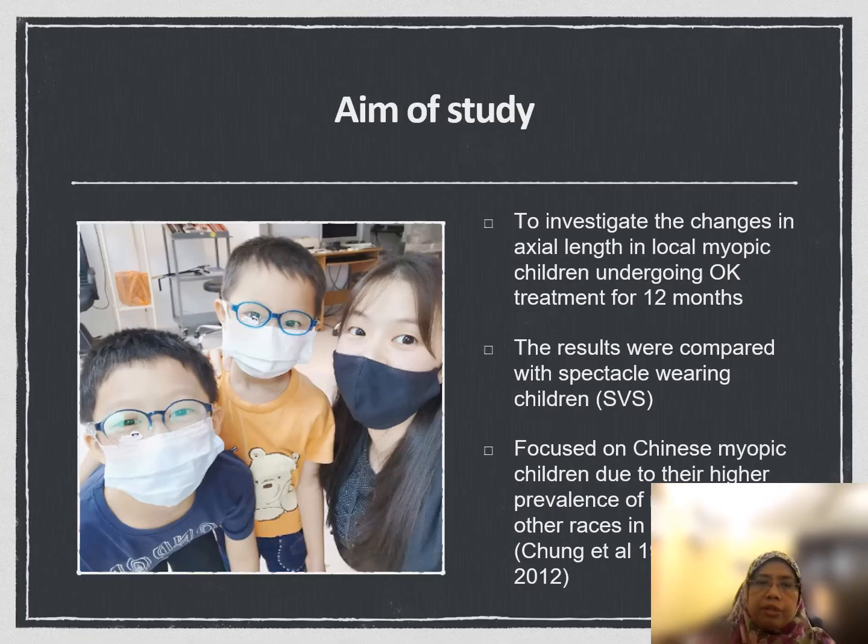Therefore, the aim of this study is to investigate the changes in axial length in local myopic children undergoing orthokeratology treatment for 12 months. The results were compared with spectacle-wearing children. This study focused on Chinese myopic children due to their high prevalence of myopia compared to other races in Malaysia.